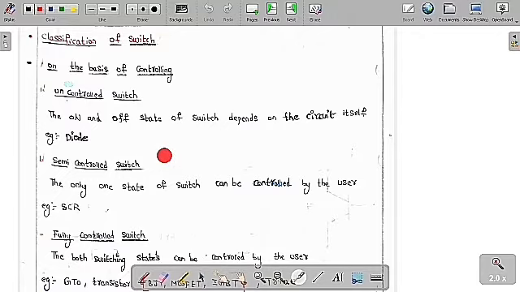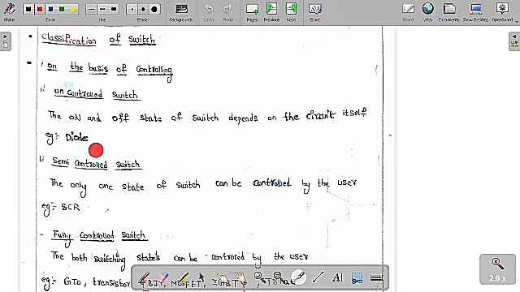A person doesn't have any control on the on and off of a switch; that is purely dependent on the circuit condition itself. Only the circuit is going to control the on and off condition of the switch.